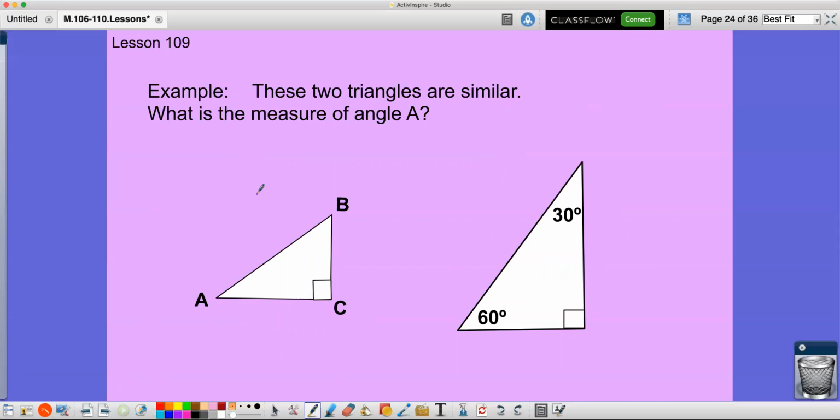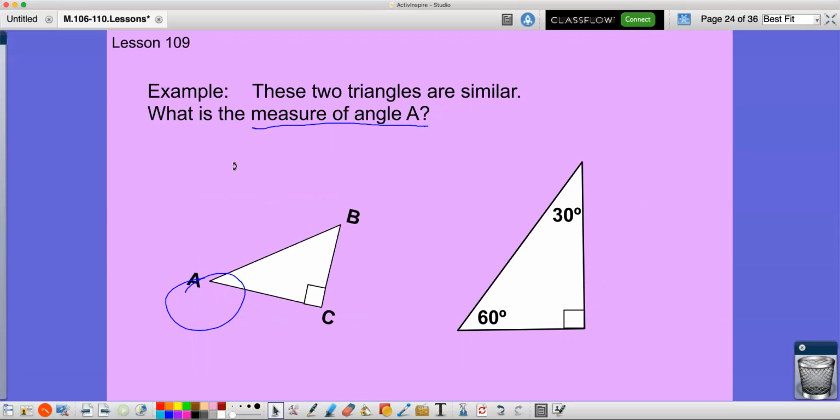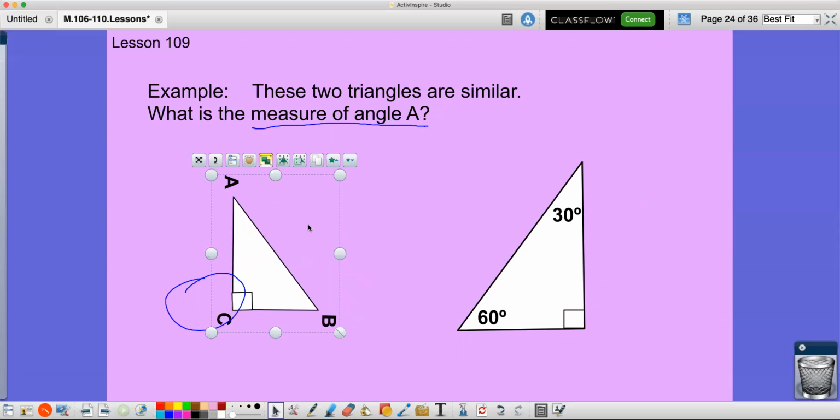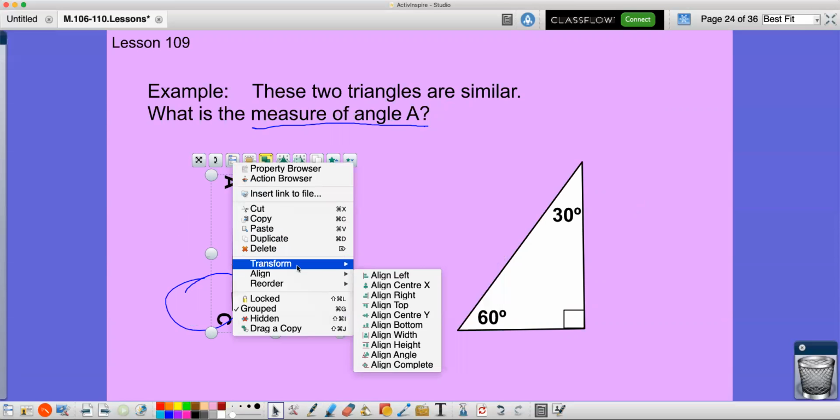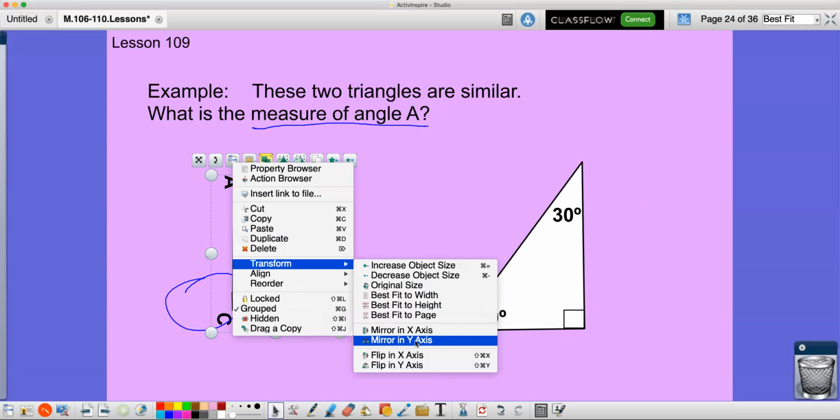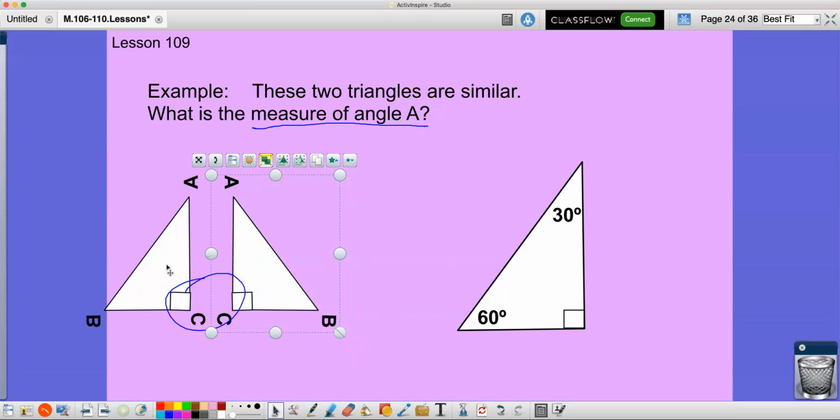These two triangles are similar. What is the measure of angle A? So that's what we're looking for. Before we figure that out, I'm going to take this piece and do some rotating to get that to line up. It looks like I also need to do some translating or mirroring.